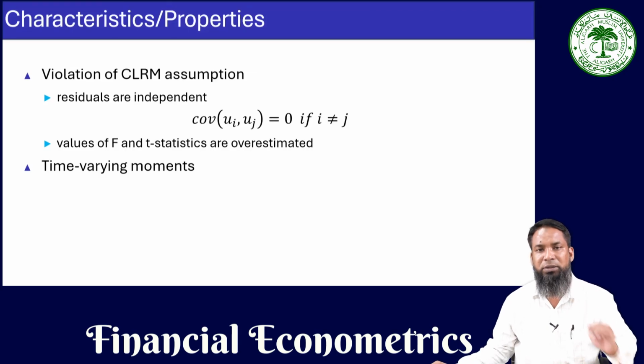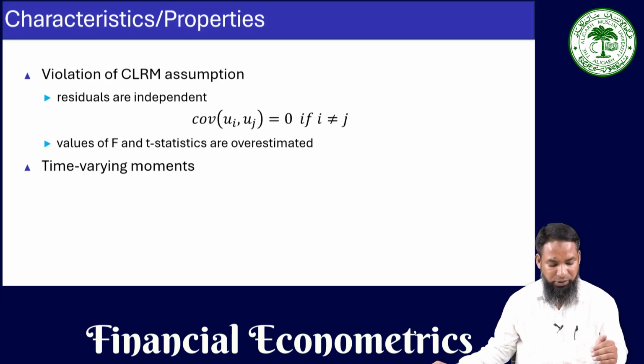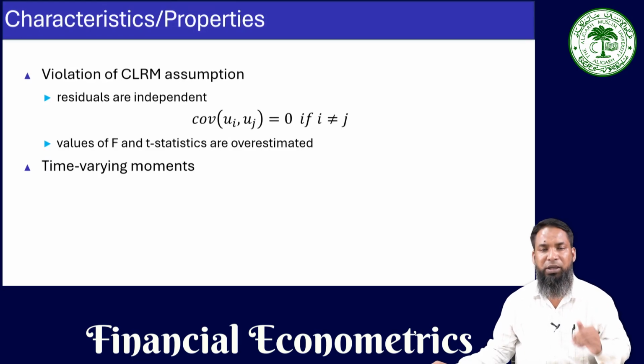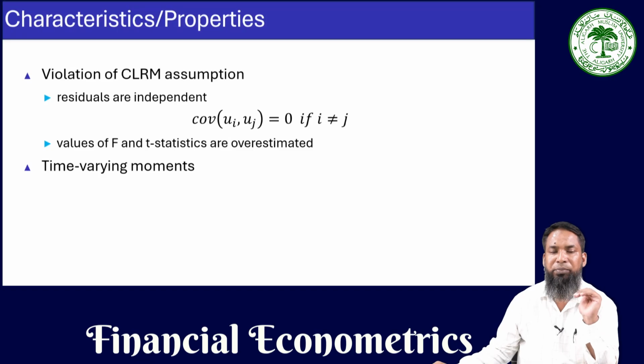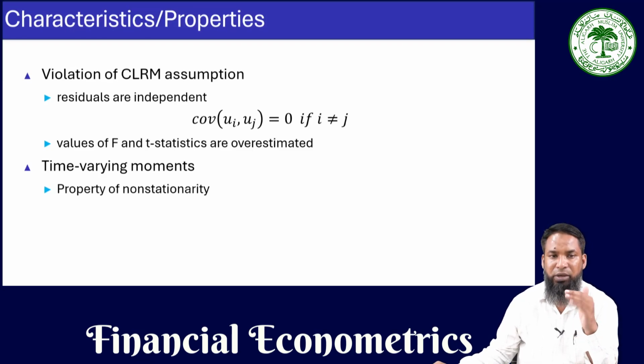Another critical characteristic of the time series is that the moments are time varying. That is, mean, variance, and covariance will depend on time. As time changes, the mean and variances will change, and basically this leads to the property of non-stationarity. Once the series are non-stationary, using the classical linear regression model will be misleading.